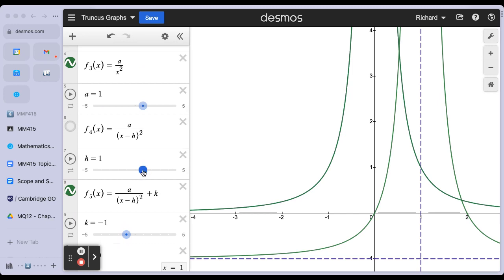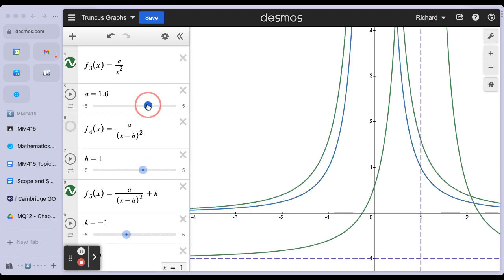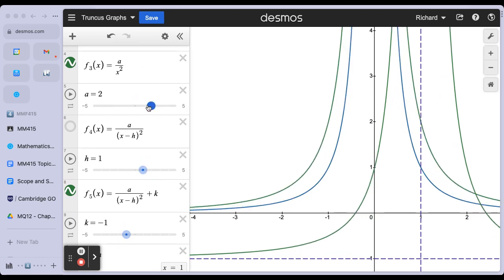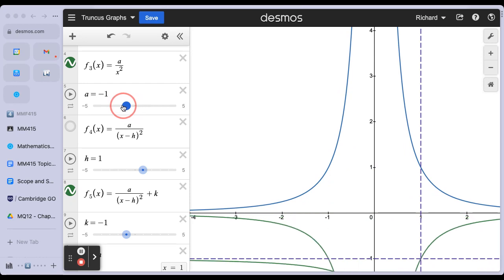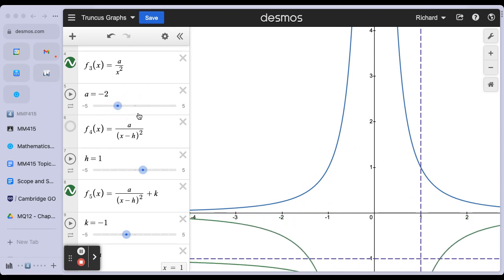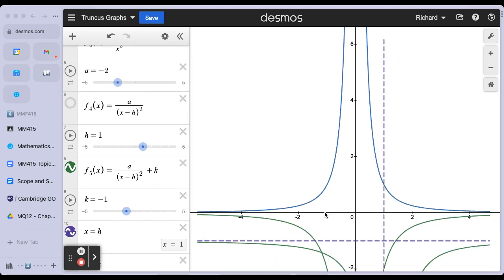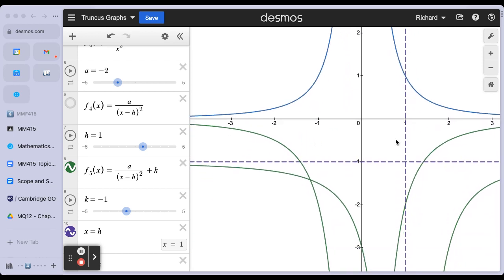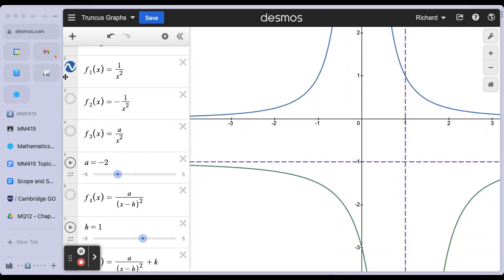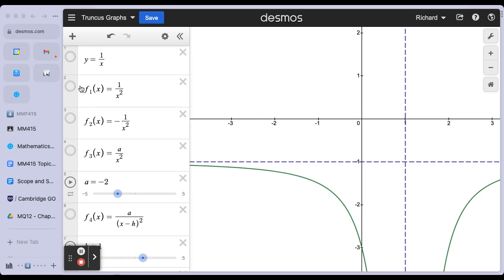You can obviously just have a is equal to 2 or maybe negative 2. So this would be reflected with a dilation of 2 in the direction of the y-axis, with a translation of 1 unit to the right and a translation of 1 unit down is the new graph. I'll get rid of the other one so you can see it a bit more clearly. So that would be the transformation.